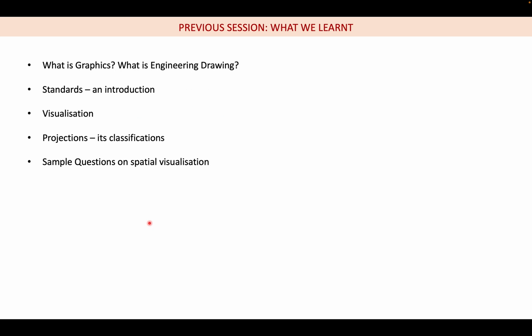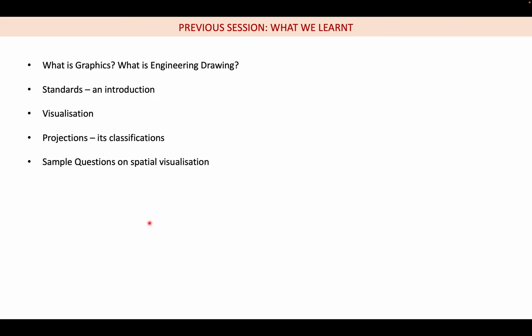In the previous session we just quickly recapped what we learned. First we saw what is graphics. Graphics can be anything ranging from a small painting or a drawing to a graphical representation of data or some kind of map, so many things. Those can all be called graphics. And in that, what is engineering drawing? We saw that engineering drawing is a technical drawing that is used to provide details about an object.